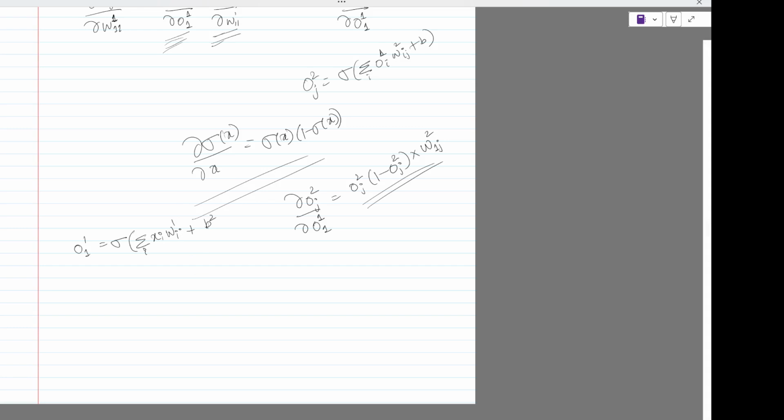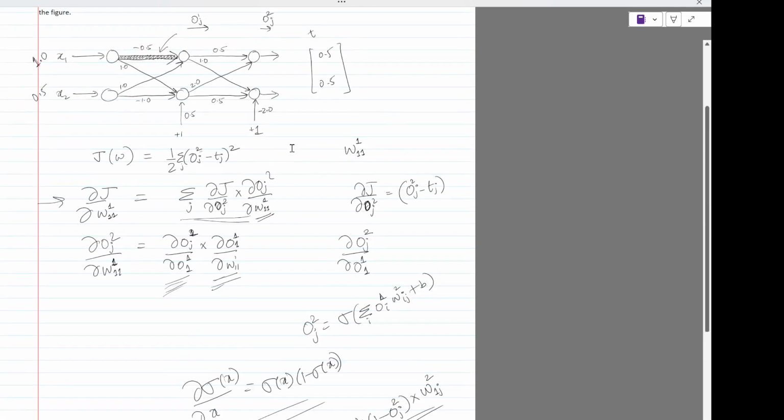Here j is 1 because we are talking about the first node, and this is also first layer, first node. So the partial derivative with respect to W11 will be O11 into 1 minus O11 into X1.